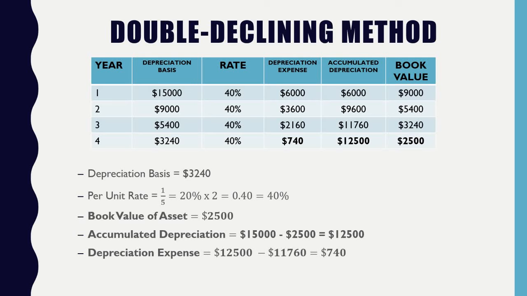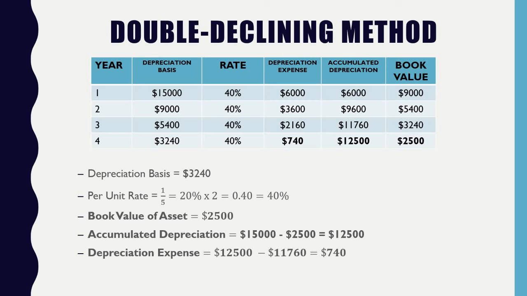4 years. It's only been 4 years and it already depreciated completely. And that will happen especially when you're doing double declining. It is time sensitive, but it may have a possibility of its life being short because you're decreasing it twice as much.